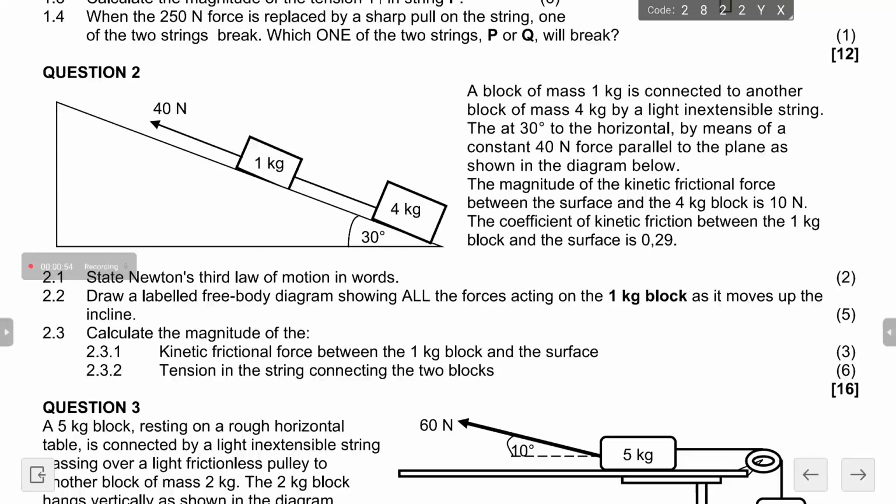So we'll dig deep into ways to go about simplifying for either the kinetic frictional force or static frictional force, as well as the normal force.